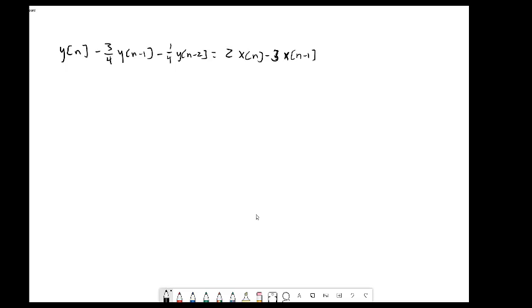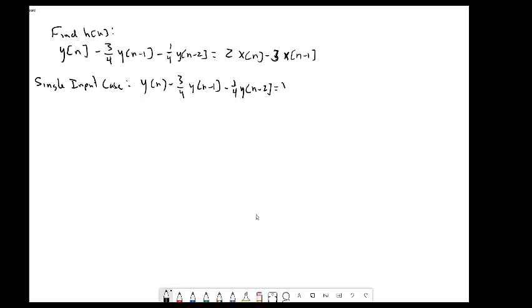If we wanted to find the unit sample response, first we'll go right to the single input case, which is solving the simpler equation, y of n minus 3/4 y of n minus 1 minus 1/4 y of n minus 2 equals just x of n. We know we won't have a forced response, so I'm going to need a natural response.